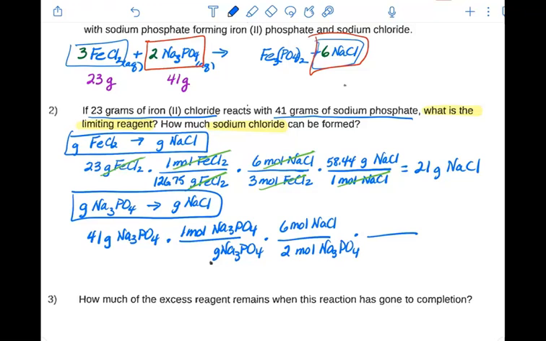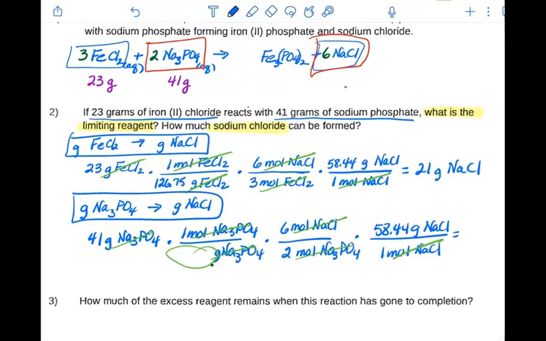Final step, again, go back to mass, your molar mass, and that one doesn't change because I'm still going to sodium chloride. And again, that cancels. Now, go back in and figure out this number for me real quick. But I'm going to go ahead, and this answer ends up being 44 grams of NaCl.